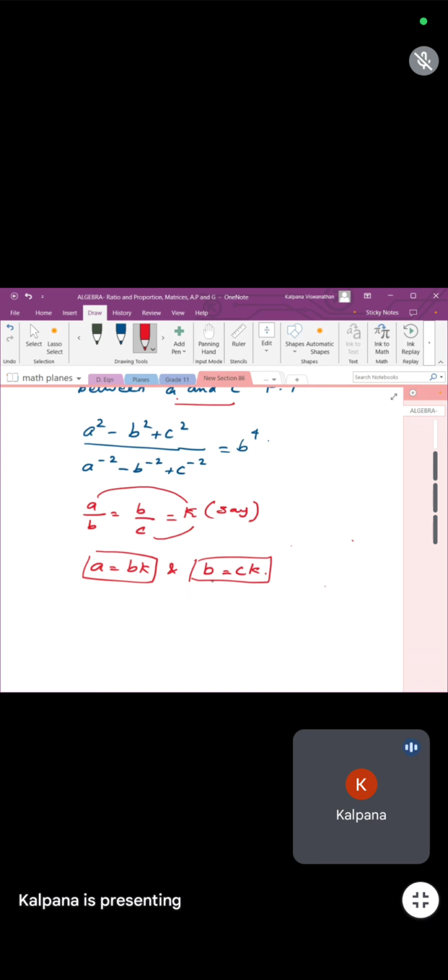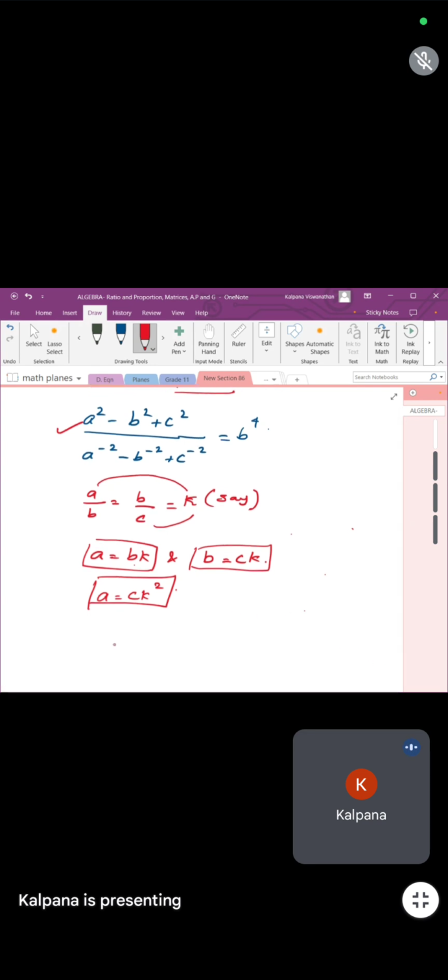So from this, I can write A as CK square. A can be written as CK square. If you want, you can do this, or you can substitute as it is in this equation and prove LHS equal to RHS.